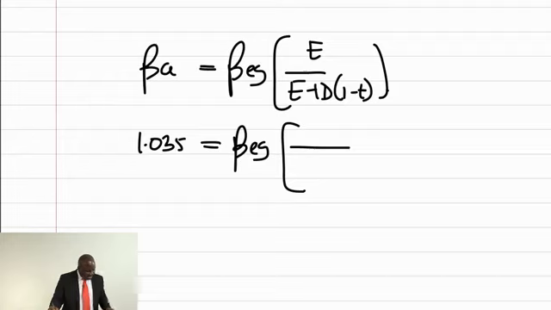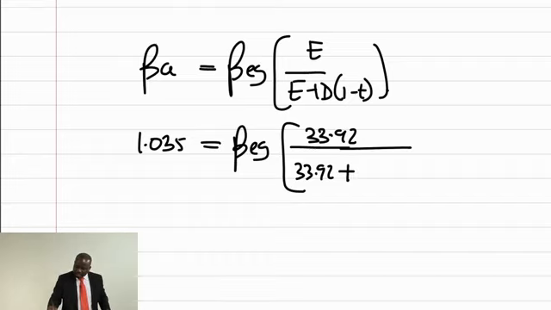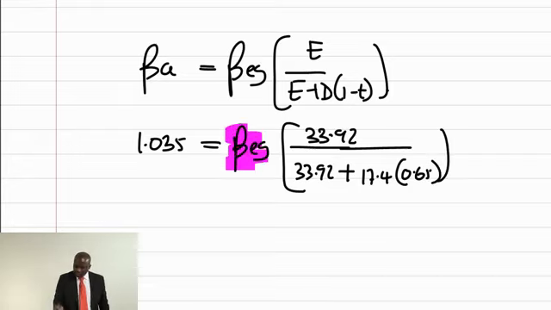Now the equity figure is 33.92 plus the debt figure, which is 17.4 into bracket 0.65, and you look for this figure. What do I do? I use my calculator.